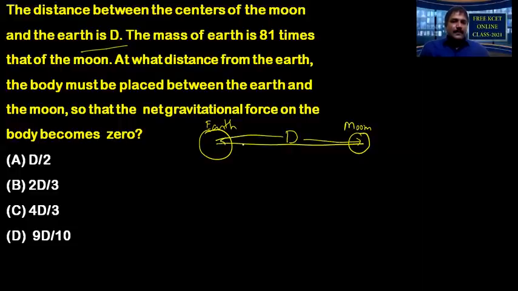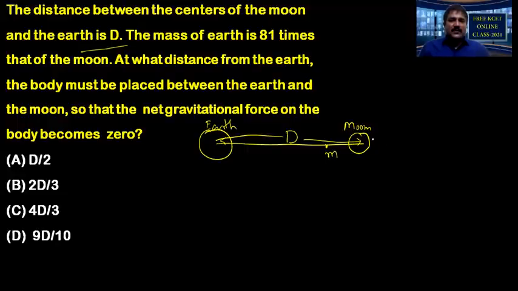Then consider the mass which is placed somewhere here, and you know that the gravitational field of Earth is much stronger than that of moon. So the body must be placed nearer to the moon, so that it experiences no net gravitational force. Say the mass of that body be small m.